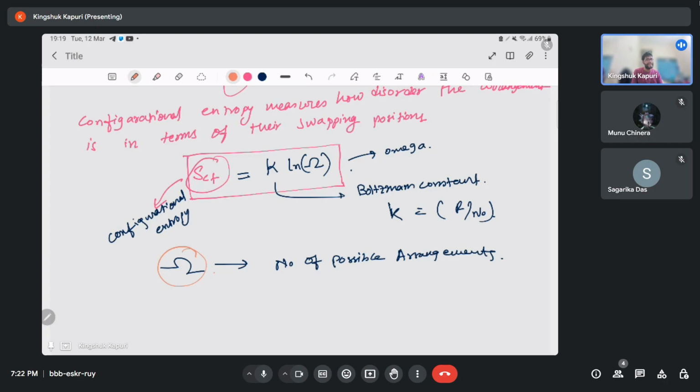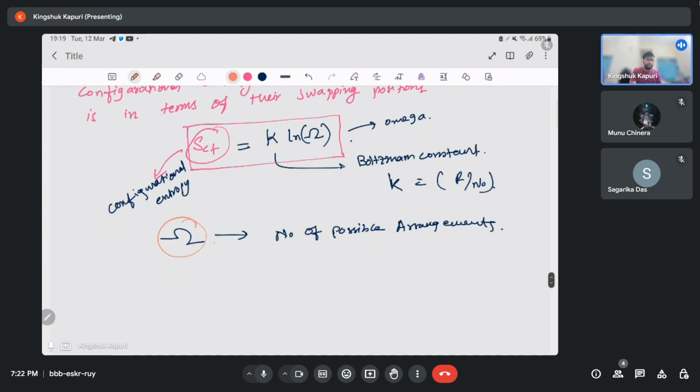There will be n number of combinations, right? That is what gives your omega. So omega basically calculates the number of possible ways or combinations in which the thing can arrange itself in a given slot. Simply, it is a problem of permutation and combination, nothing else, right?